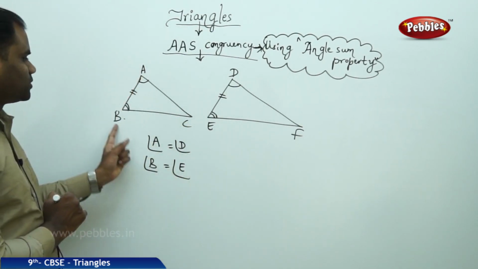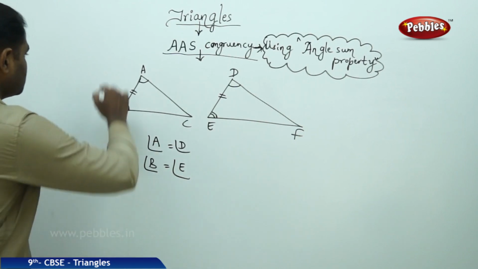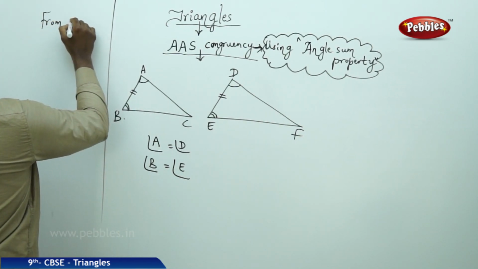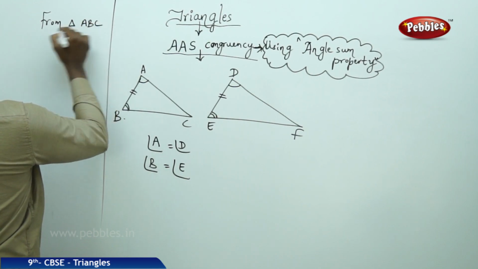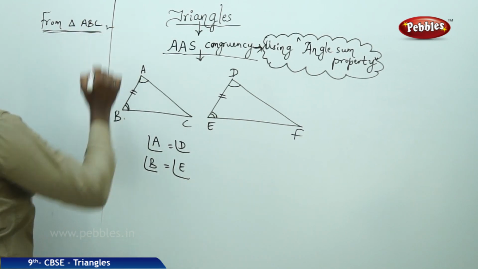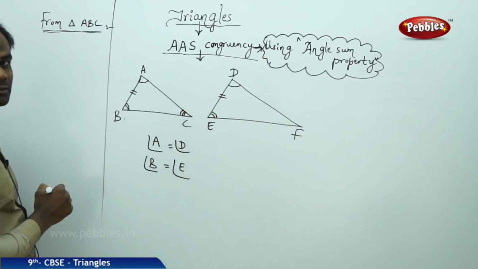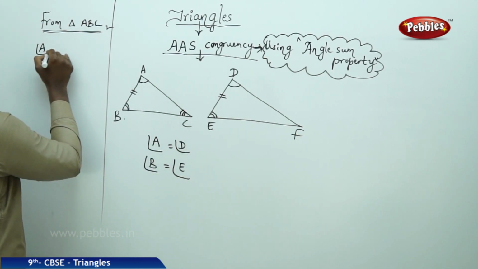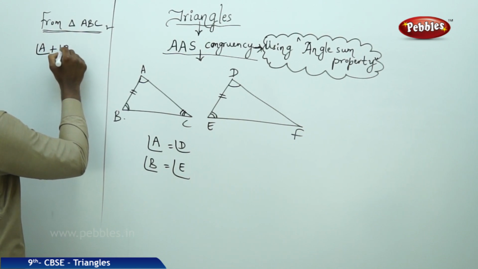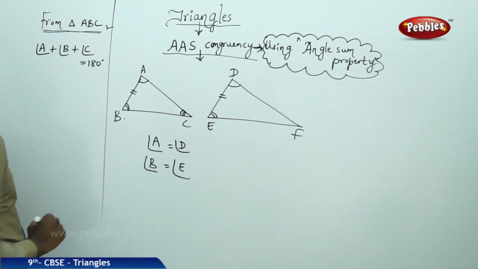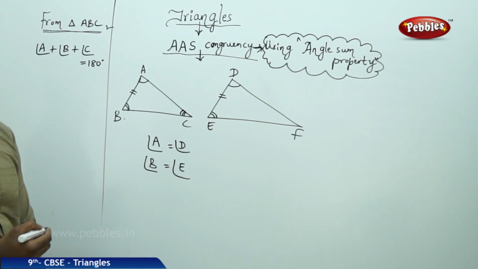Now let me first choose triangle ABC. From triangle ABC, I clearly observe that angle C would be connected with the angle sum property: angle A plus angle B plus angle C equals 180.